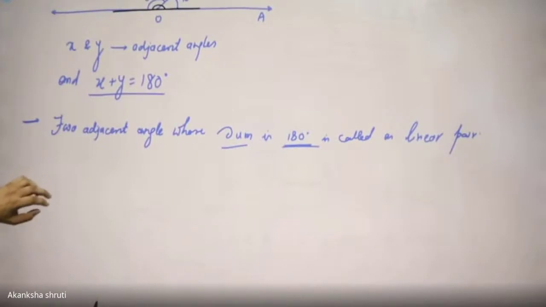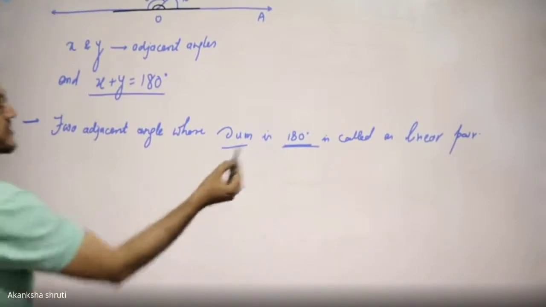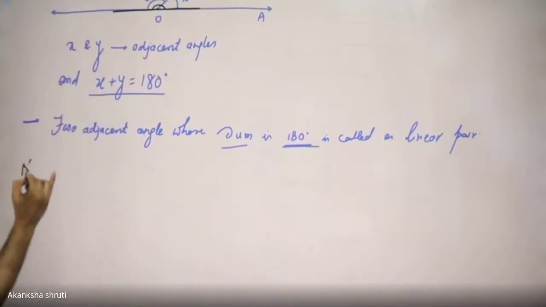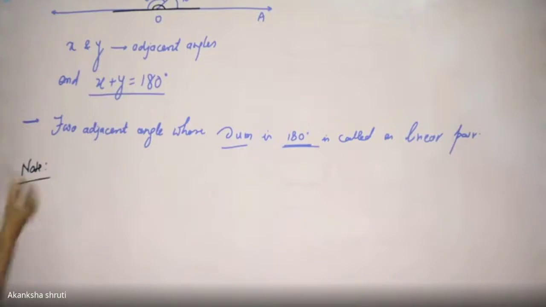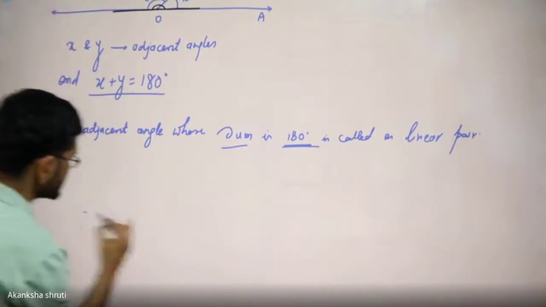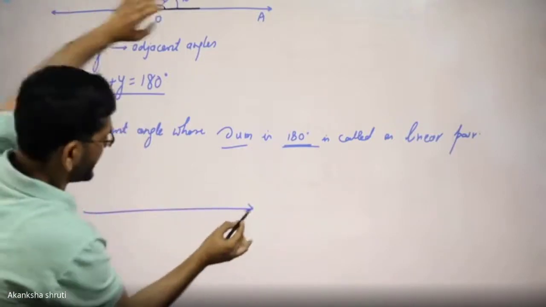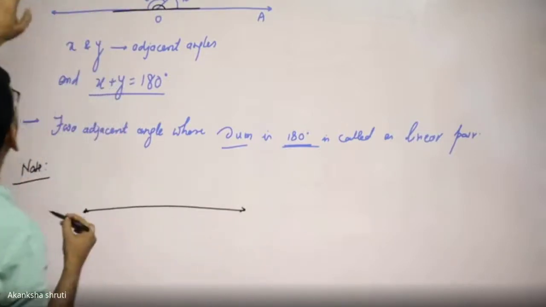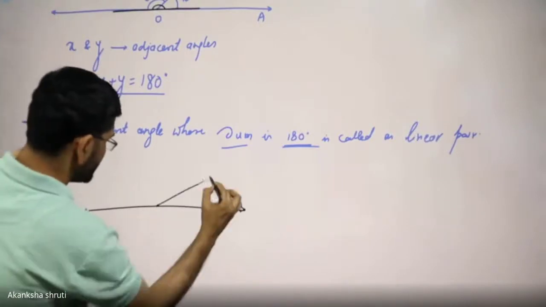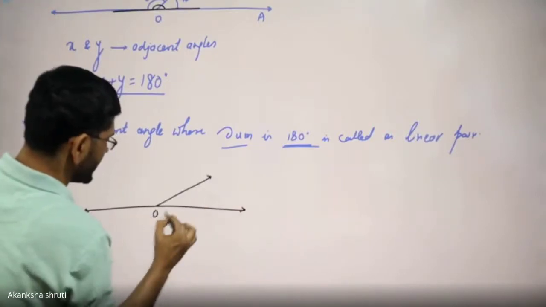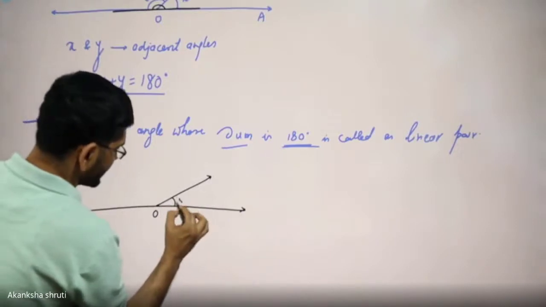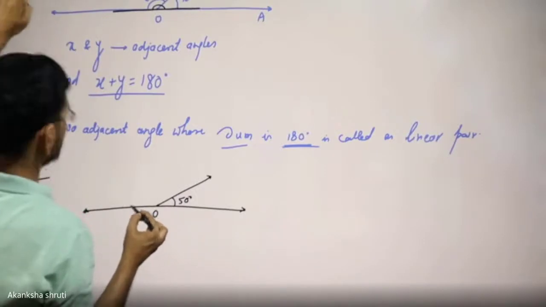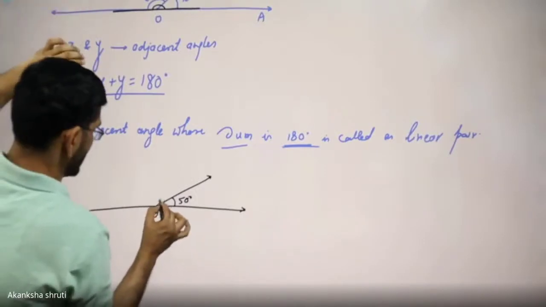Students, considering this straight angle, there could be another situation. Be careful. And the question is asked. Consider we have a straight line in which at any point there is a ray which is inclined at 50 degree, then what is the angle on the other side?